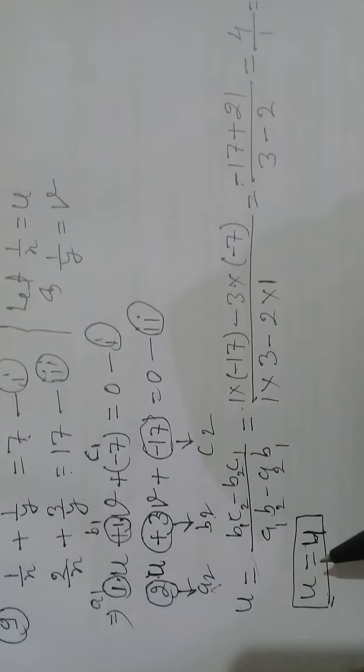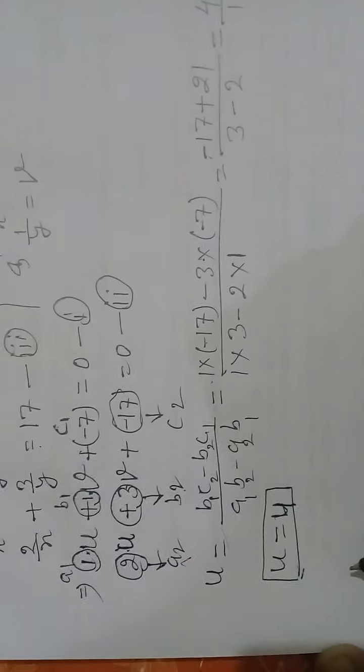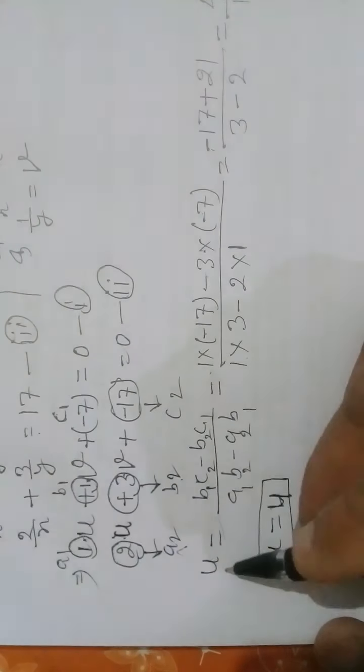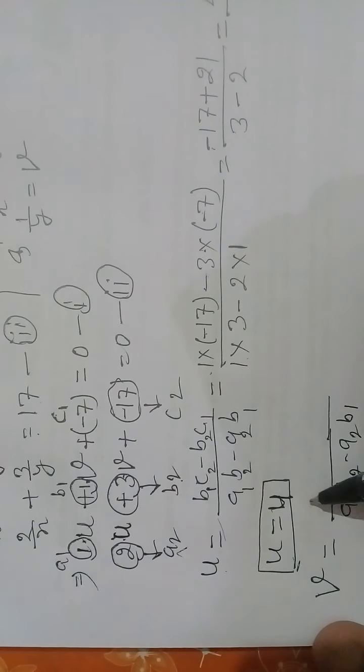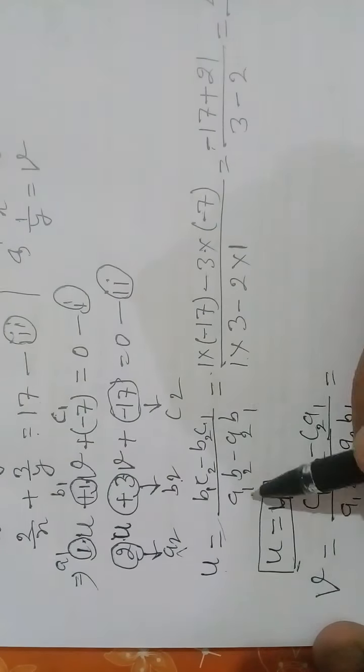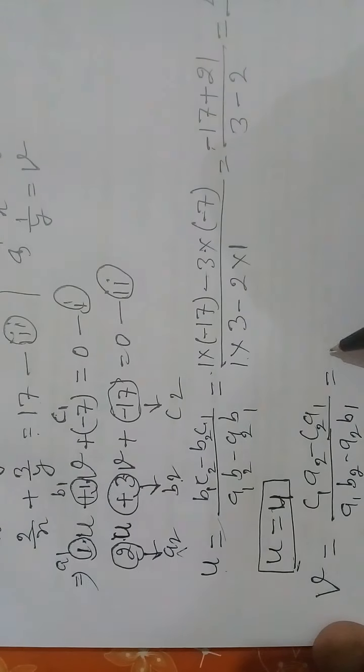And also we know the value of v is equal to c1a2 minus c2a1 by a1b2 minus a2b1. Now the denominators are equal, hence in the denominator we can write 1.